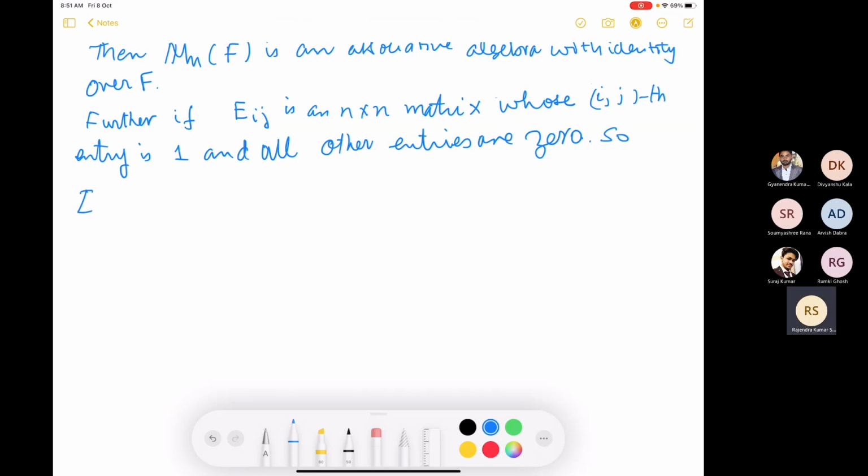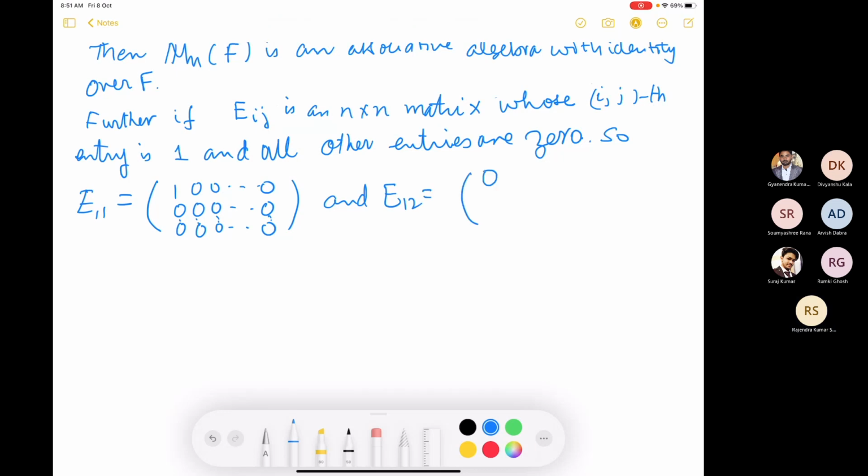So E11 is basically here 1, 0, 0, 0, 0, and E12 is 0, 1, 0, 0, 0, and so on.